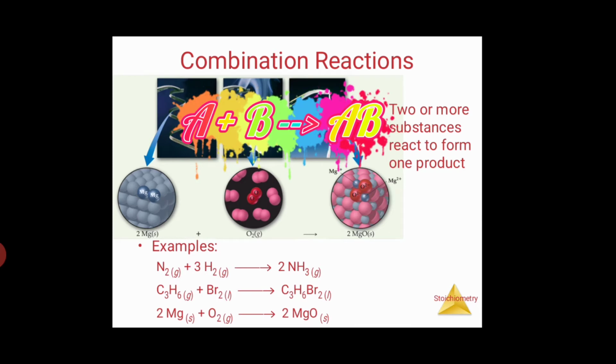An example is given below: nitrogen gas plus 3 molecules of hydrogen gas forming 2 molecules of ammonia gas. So this is one reaction type.